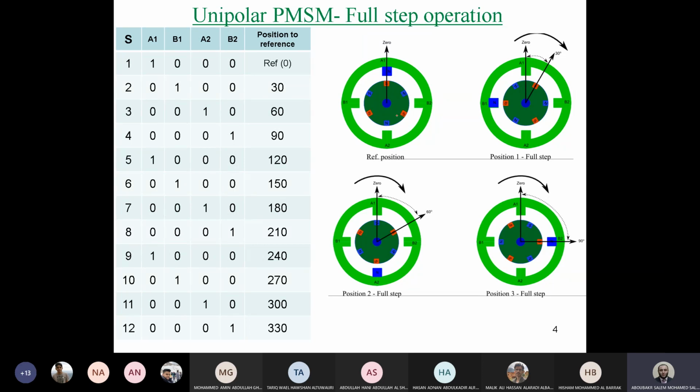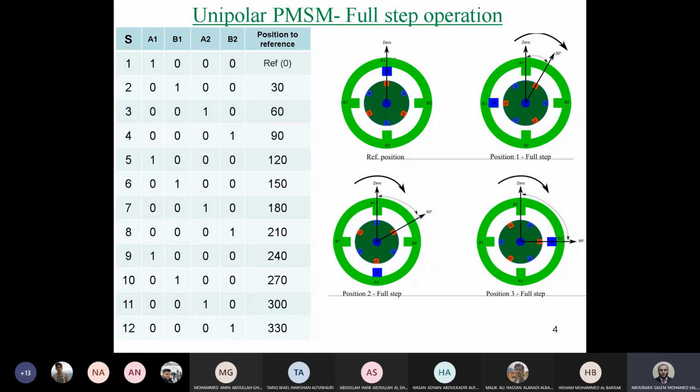Now this is our rotor structure. It's cylindrical type, and we have inserted poles like that. So we have 6 poles, or 3 pairs of poles in the rotor, and we have 4 teeth on the stator side like that. So this is the first position.